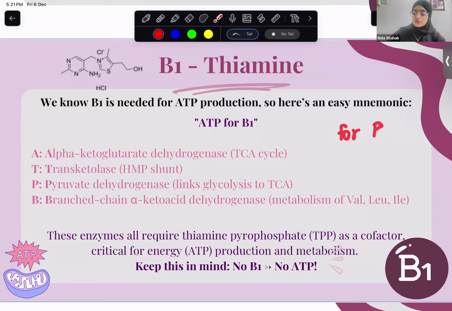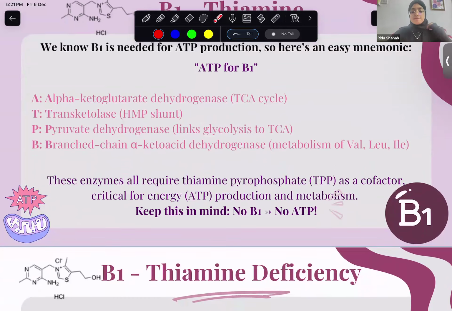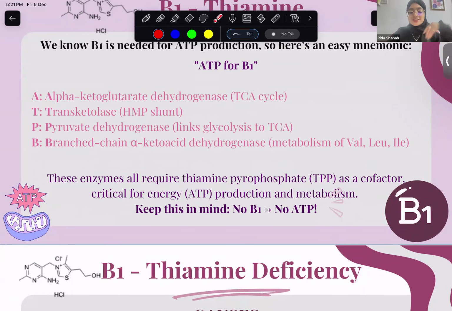And B1 can also stand for thiamine as well as branched-chain keto acid dehydrogenase. So all four of these enzymes need the coenzyme thiamine pyrophosphate to be working. Is that clear? Just write yes or no in the chat.